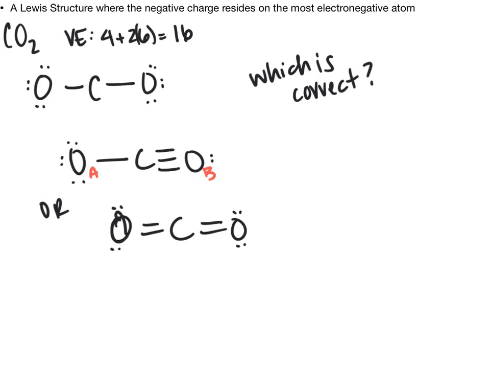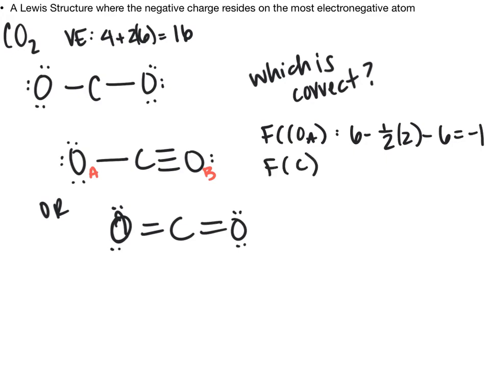If they are the same, like we see them in the second structure, we don't actually need to calculate the formal charge for both independently. So the formal charge for OA is 6 minus half of 2 minus 6, which gives us negative 1. The formal charge for carbon is going to be 4 minus half of 8, which is 0.